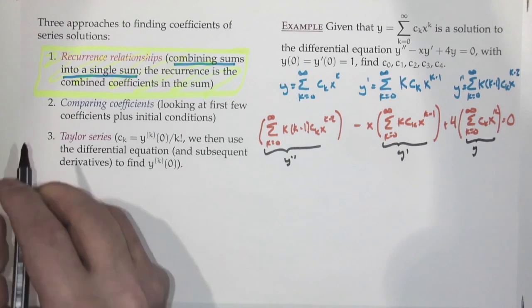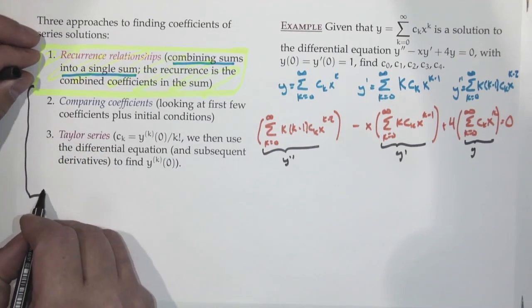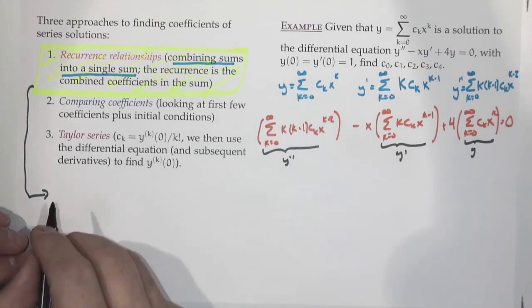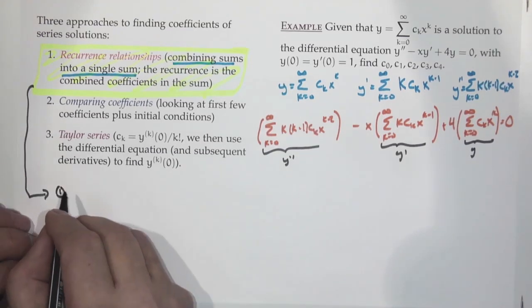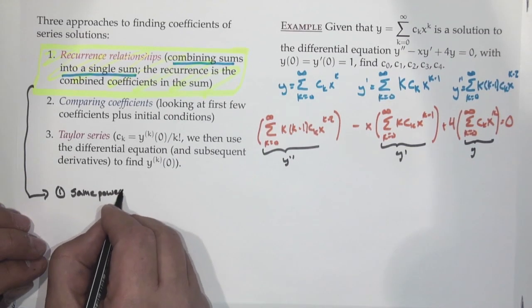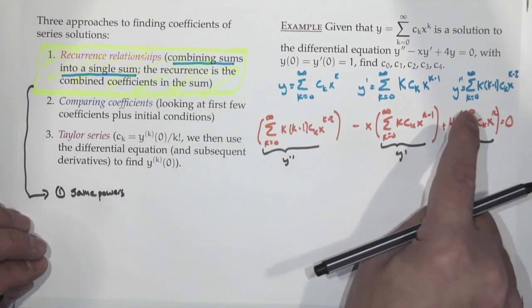Well, to do this, we basically need to do two key steps. What are our steps? Do you remember how we make this work? Yeah, same powers. So we want everything to look like x to the same thing.